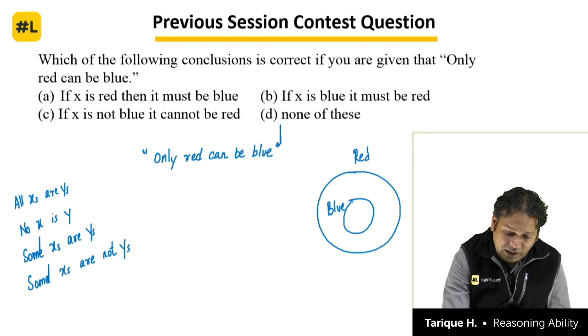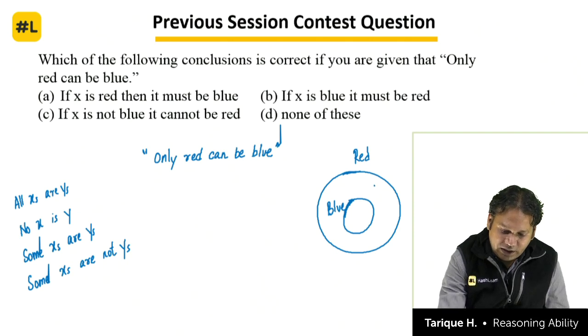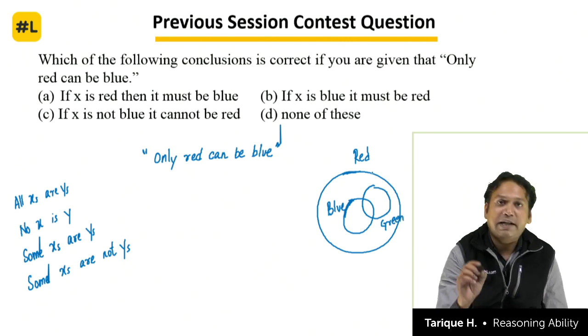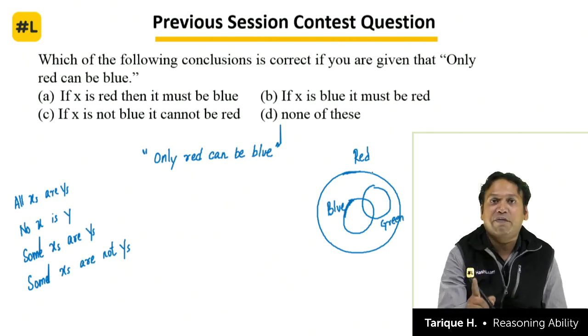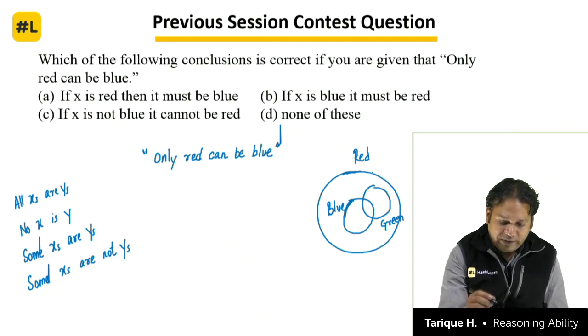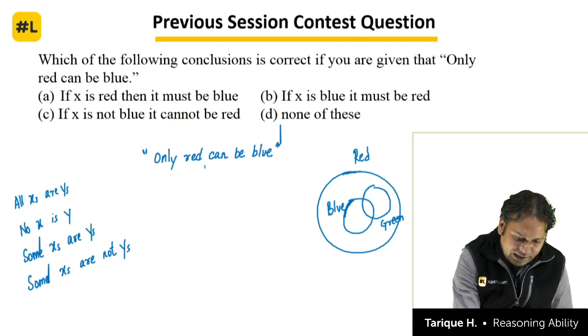You cannot be a part of the blue circle unless you are a part of the red circle. Let us say there is a circle for green. Green can also be blue if green is inside the red circle, or at least some part of green is inside the red circle. So the basic idea is that only red can be blue means all blues are red.